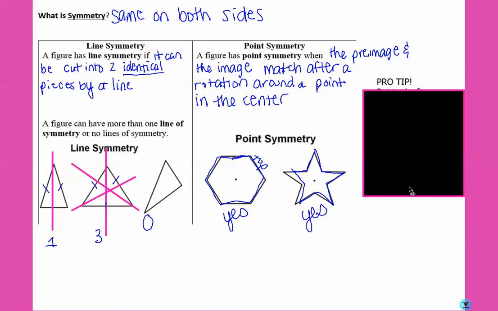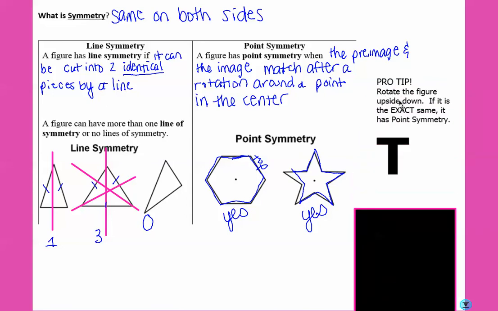A little tip: rotate the figure upside down. If it's the exact same, it has point symmetry. So if we took this T shape, I take this T shape and I rotate it upside down, do I have the same thing?